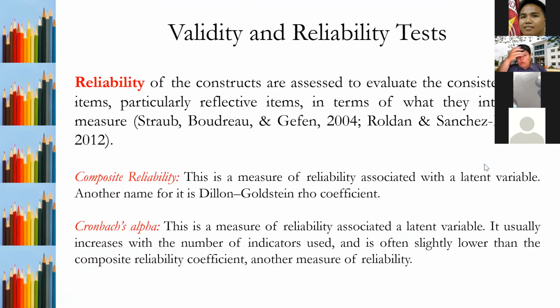When we talk about internal consistency, it means your items should be consistent, or the indicators that you used in measuring a construct or a variable are consistent, and they represent the variable or the construct. That is basically reliability. It is a measure of consistency. Again, there are two ways on how to measure reliability. It is through composite reliability.